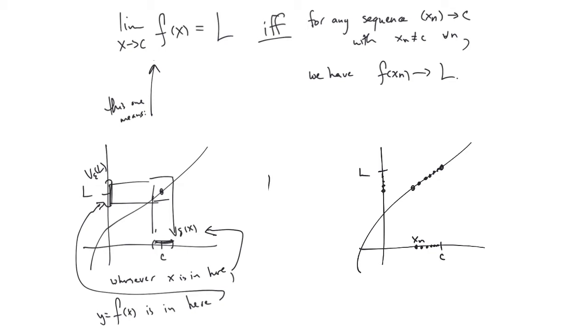So what this one means is, sorry, what does it mean to approach the L? It means that for any neighborhood over here, V epsilon of L, the y values are inside that neighborhood. That's the neighborhood definition of what it means for a sequence to converge. So what this says is when n is large enough, f of xn is in here.